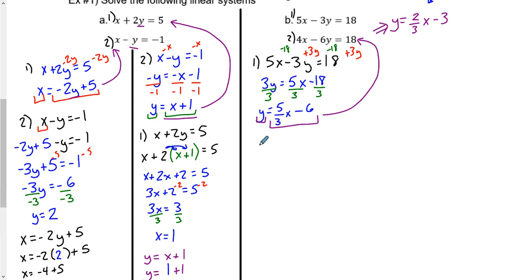Now this one for sure is not going to be the end of the world, because if I plug that into 2, and I have 4x subtract 6y equaling 18, if y equals 5/3 x subtract 6, wherever I see this y in the second equation, I'm going to write 5/3 x subtract 6.